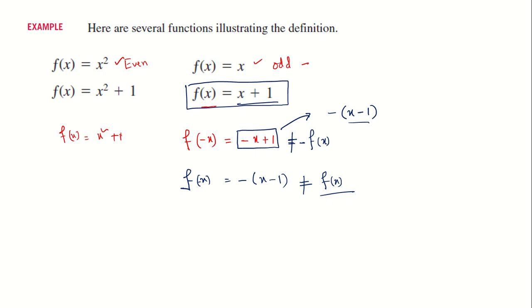We can also check this by using trigonometric functions. That is, if you are given f of x equals sine x, then what will happen if we take f of negative x equals sine of negative x?